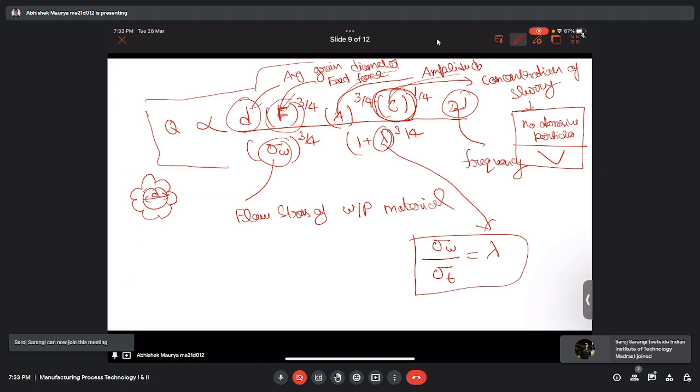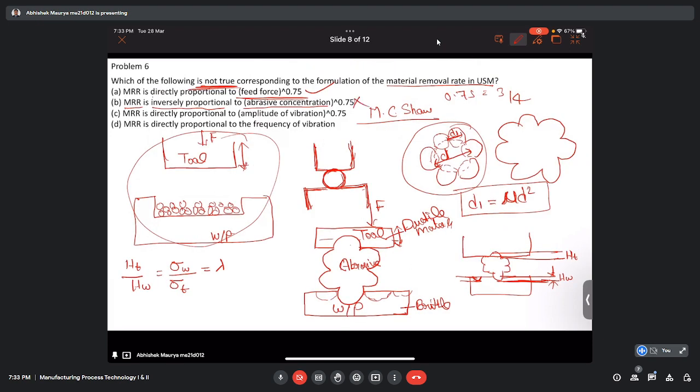If we see the material removal rate, it is directly proportional to the concentration to the power 1 by 4 or 0.5. So this option is not correct. Whereas the third option, MRR is directly proportional to amplitude to the power 3 by 4. Yes, it is correct.